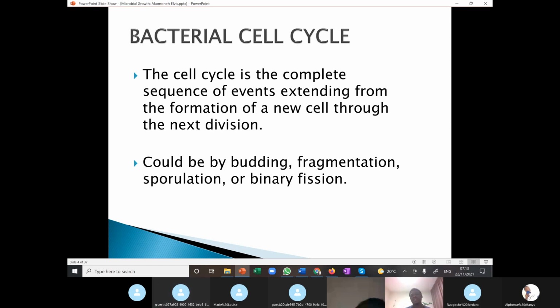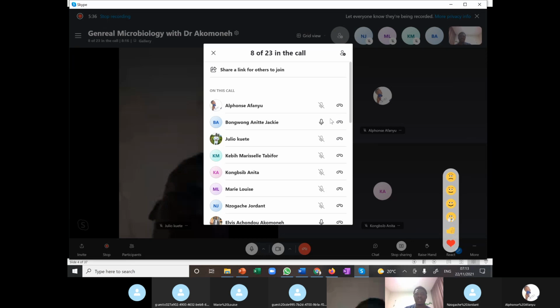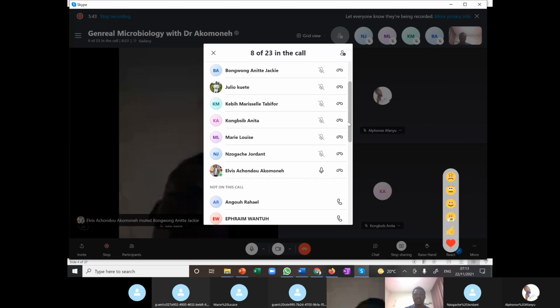I must note that these three are not common growth techniques employed by most traditional bacteria. Most bacteria don't use these techniques. As I indicated, they are mostly filamentous bacteria with different adaptations.